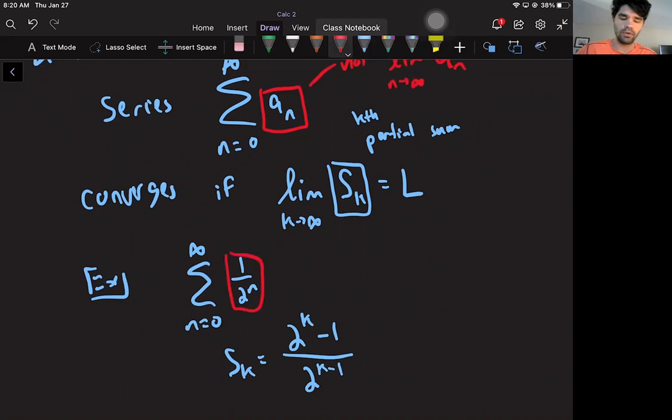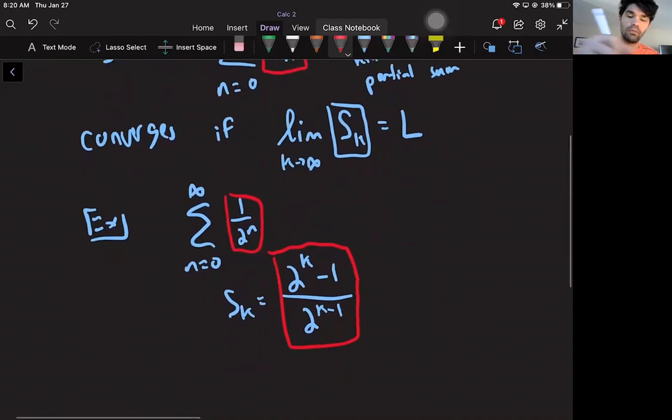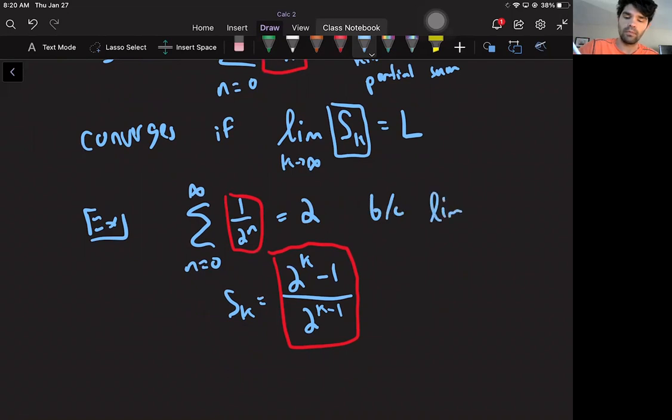This would just go to 0 if I took the limit of just that, but that would be the limit of the sequence. The limit of this tells you the series, and then that turned out to be 2. And that was why we would say that this thing equals 2, okay? Because the limit of the kth partial sums was 2.